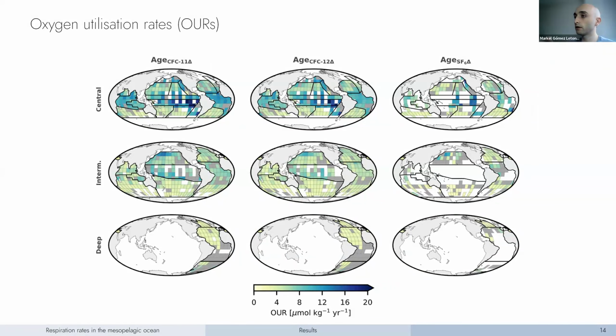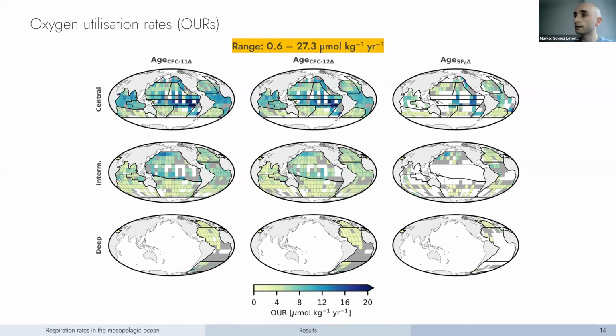And we repeated the analysis for each of the 3 tracer gases that we use, to not rely on a single one and be able to compare the results depending on which tracer gas we use. In general, the oxygen utilization rates ranged between 0.6 and 27.3 micromoles per kilogram per year, which is a range that falls within the values that have been reported previously for the mesopelagic layer.